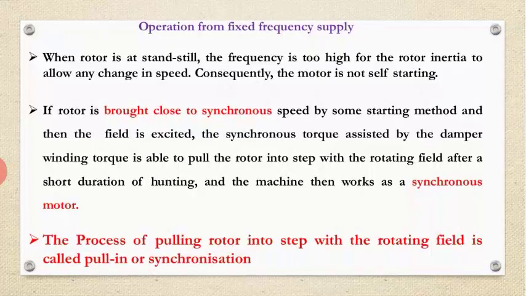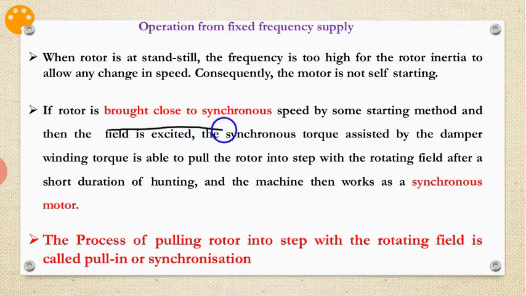If the rotor is brought close to the synchronous speed by some starting method, then the field is excited. I already discussed that a pony motor, an additional motor, can also be used to drive the synchronous motor to near synchronous speed. Then you apply the DC supply and make it magnetically lock.